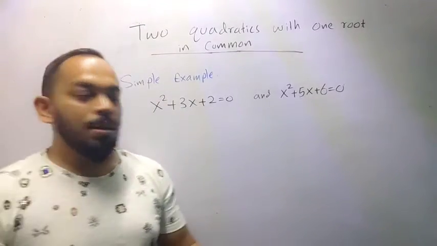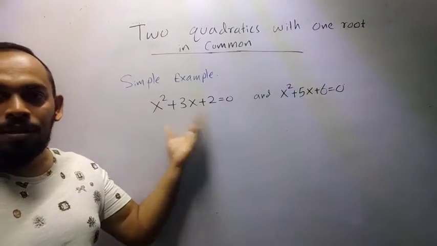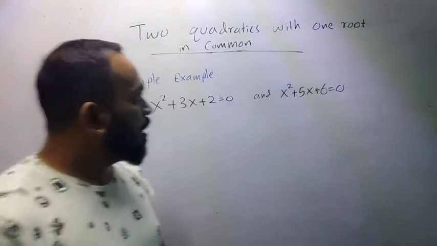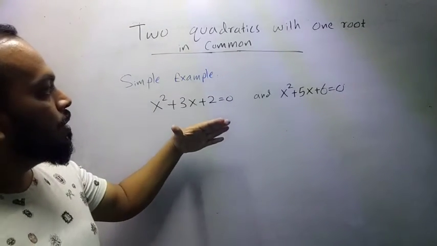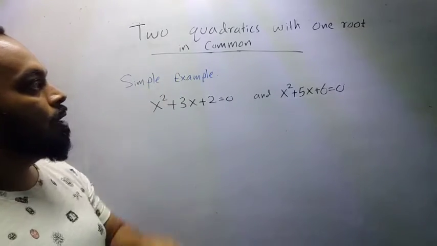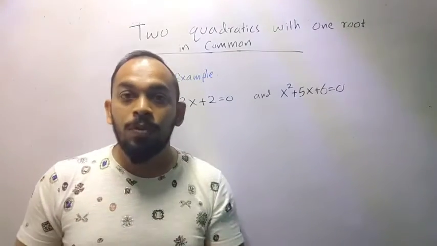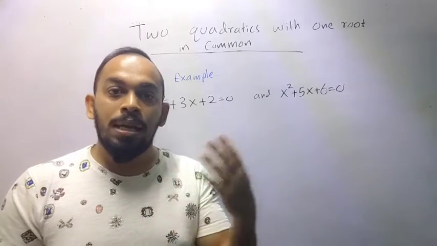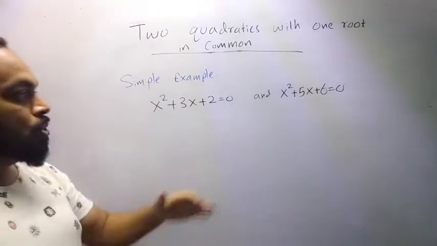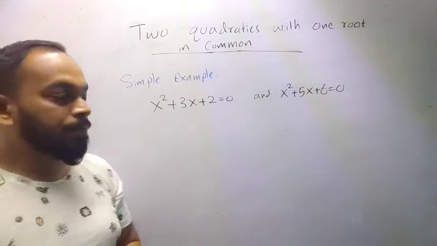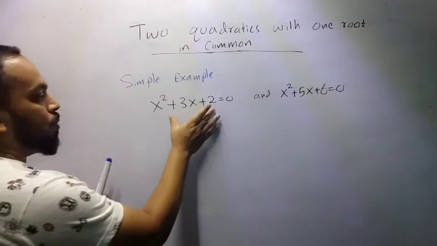Right, so let's look at this example here. This is a simple one. We have two quadratic equations, and since we are focusing on two quadratic equations with one root in common, we're going to have to find the roots and verify that there will be one common root, right? So how do you solve this one?